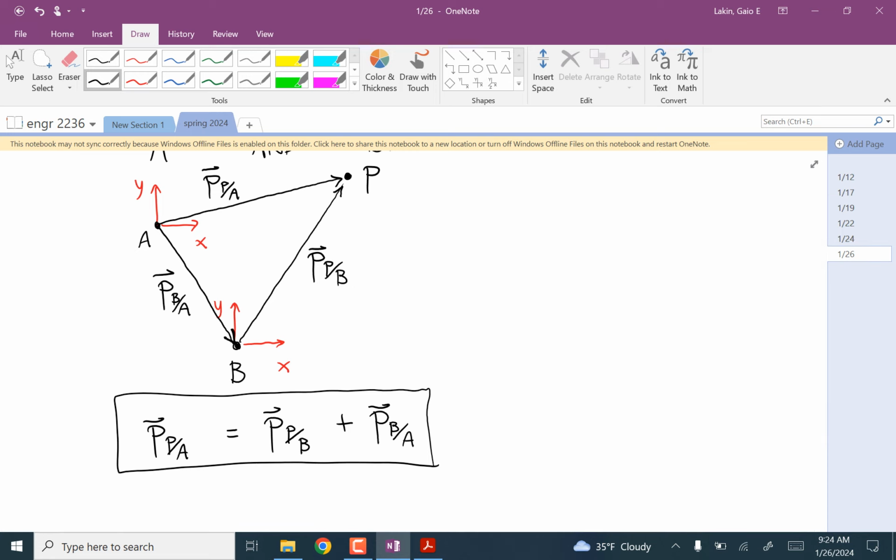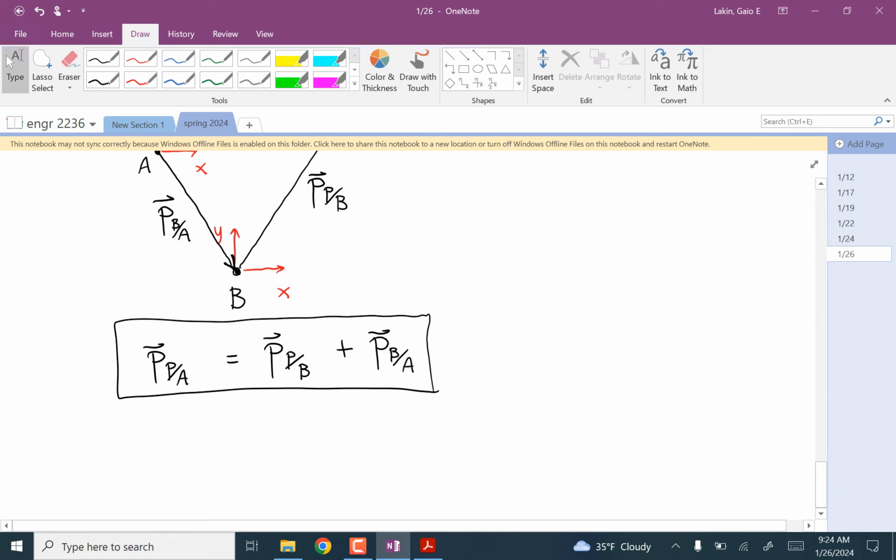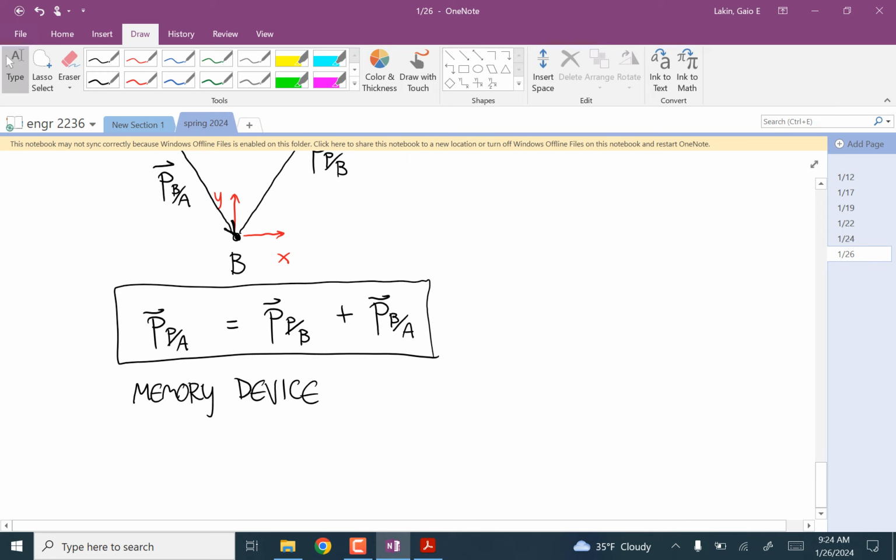So this is always true for any two coordinate systems, and here's the way to remember this. It's like a memory device. Think of those as fractions, and think of it as fraction multiplication.